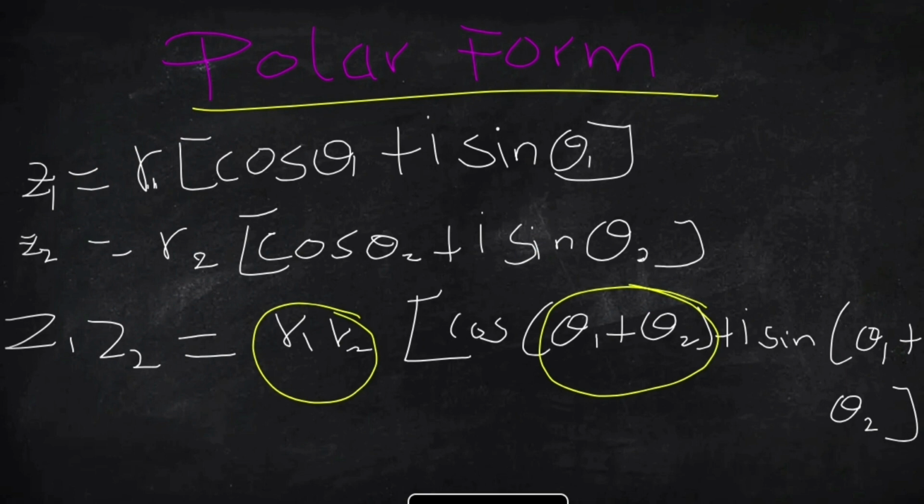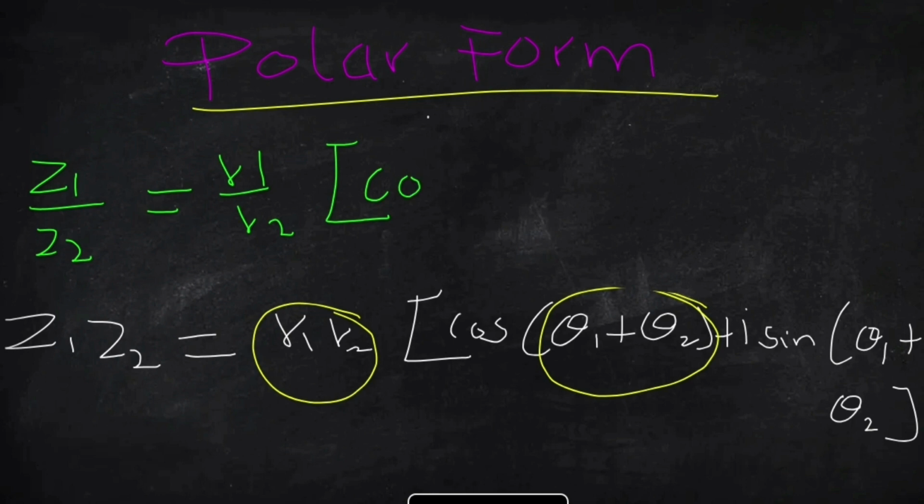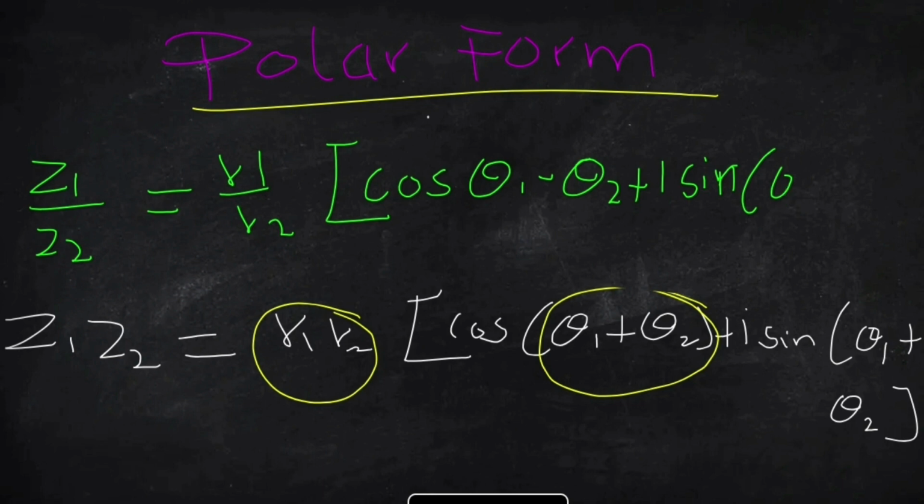That is for multiplication. And for division, z1 divided by z2 becomes r1 over r2 into bracket cos of theta 1 minus theta 2 plus i sine of theta 1 minus theta 2.